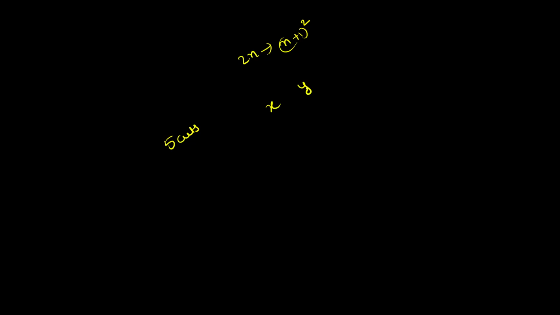Same as we did earlier, 5 cuts are to be distributed between x-axis and y-axis. As 2.5 and 2.5 is not valid, we need to distribute it this way: 2 cuts through x-axis and 3 cuts through y-axis. When we make 2 cuts through x-axis, you'll get 3 parts. When we make 3 cuts through y-axis, you'll get 4 parts. And your answer will be 3 times 4, 12. Hope this is clear.